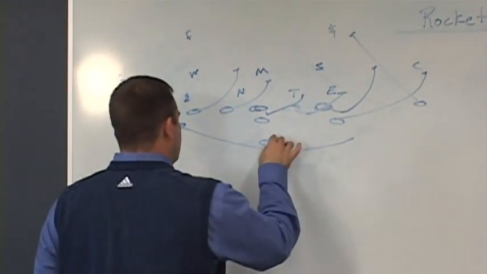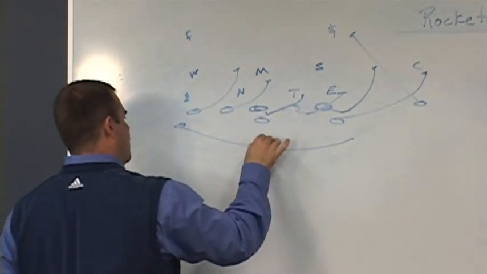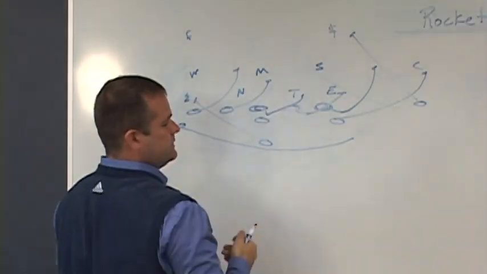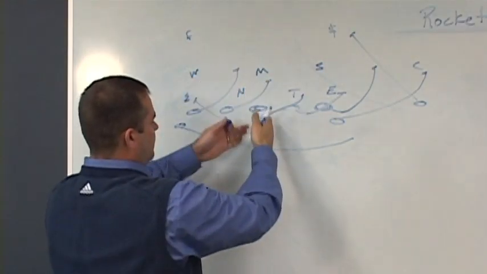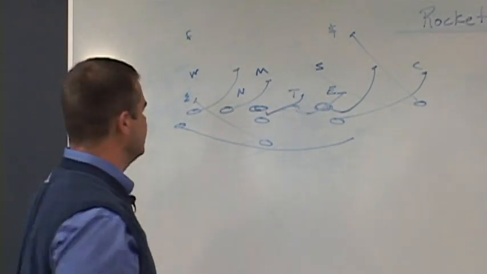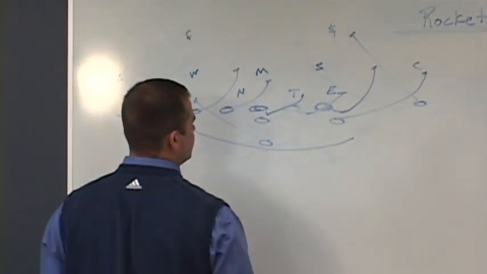Okay? And one thing on the backside here is that we always take our fullback opposite, and that helps us a lot of times with defenses. The Mike linebacker will read the fullback, so that helps us maybe get that guy to sit just a little bit extra time to give us an advantage.